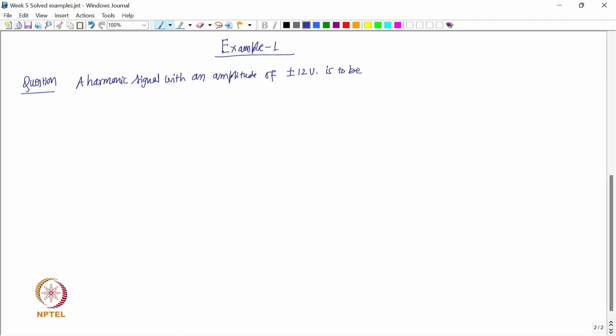Example 1. So, the first example is like a harmonic signal with an amplitude of plus minus 12 volts is to be measured.